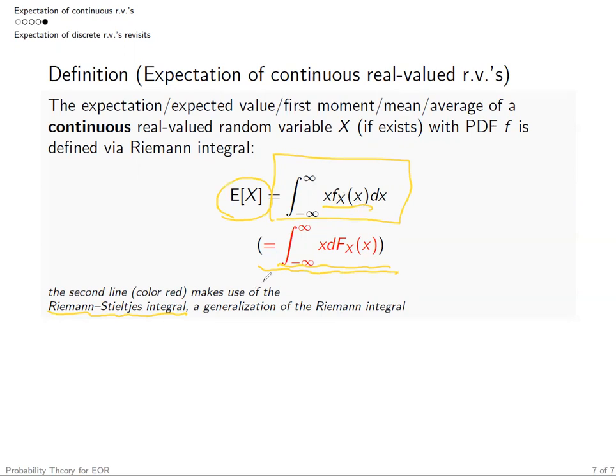And given we have two different ways of describing the distributions, I also leave the second way here. Not only can we define the expectation via the PDF, which is specifically defined for continuous random variables, we can also define it with the CDF function.